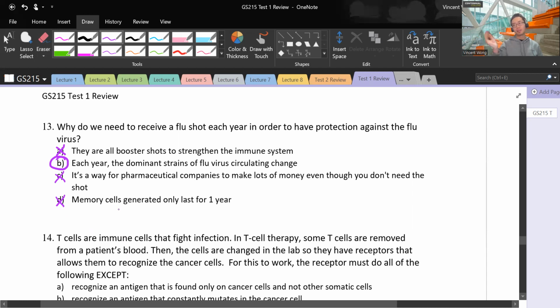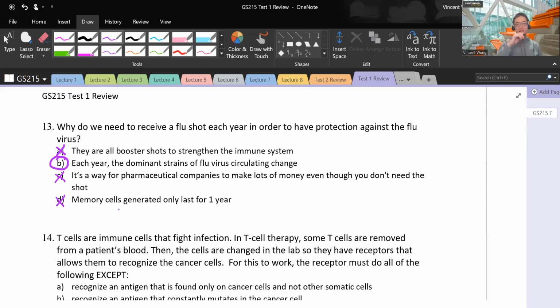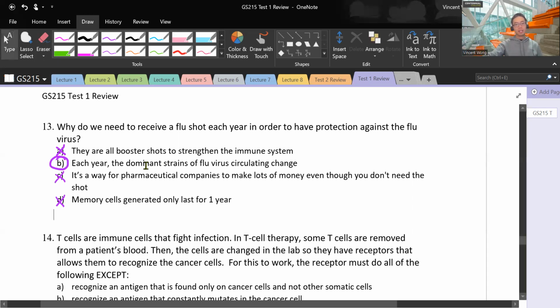When we say lifetime, like a long time, but eventually, sometimes they do become ineffective after like 20 years, 30 years, depending on what kind of protection you're talking about. Like tetanus, for example. After 20 years, you're going to need a new shot. Otherwise, you're not protected anymore.